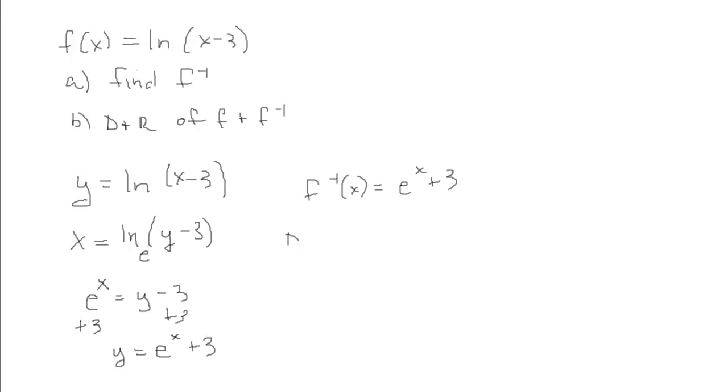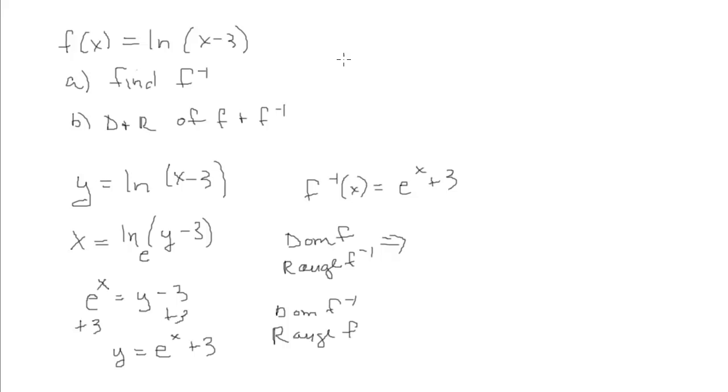So now let's identify domain and range. Remember, the domain of f is the same as the range of f inverse, and the domain of f inverse is the same as the range of f. So we can kill two birds with one stone. So what is the domain of f?